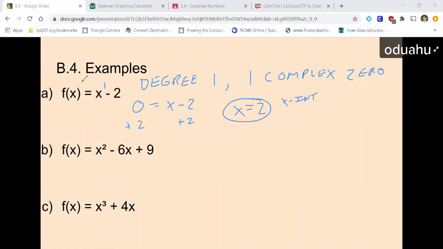For B, its highest degree is 2, which means it must have 2 complex zeros.